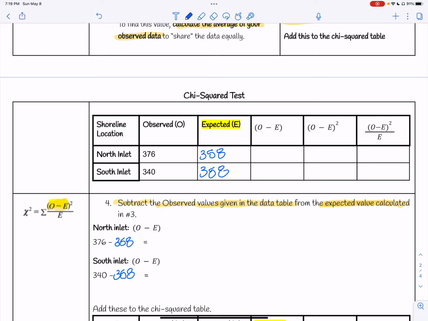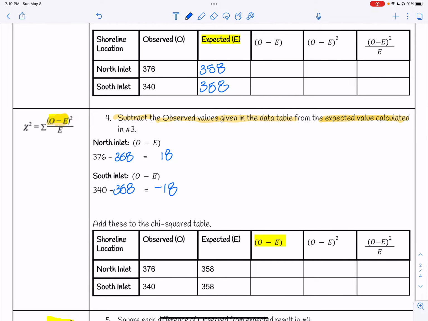Okay, now if you do those subtractions, 376 minus 358, you're going to get 18. 340 minus 358, you'll get negative 18. All right, add those to your data table. Again, the chi-square table will be done for you.